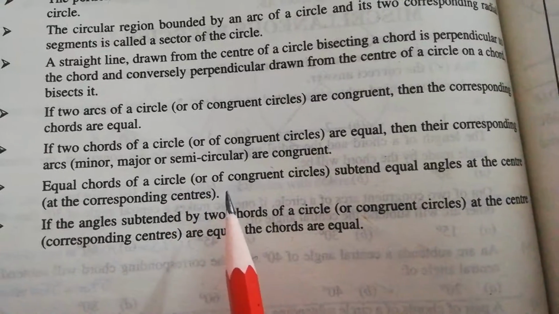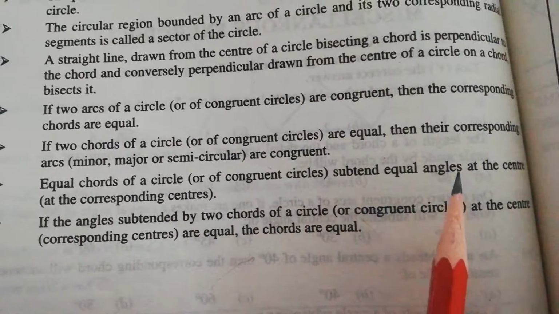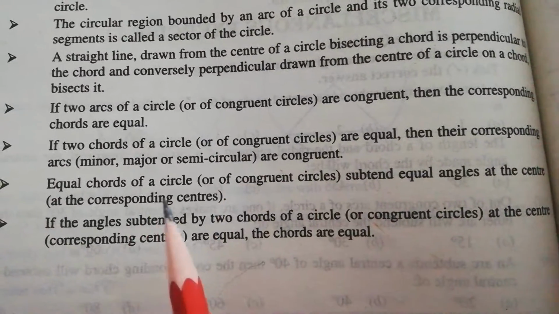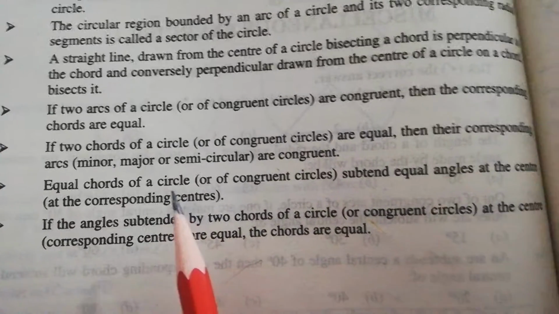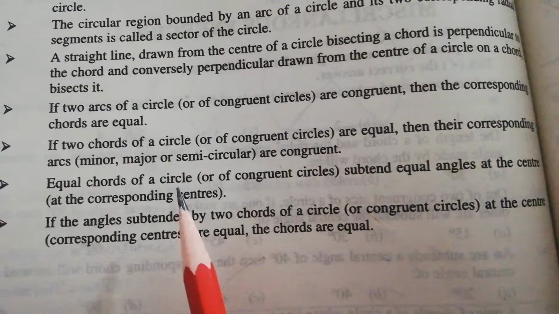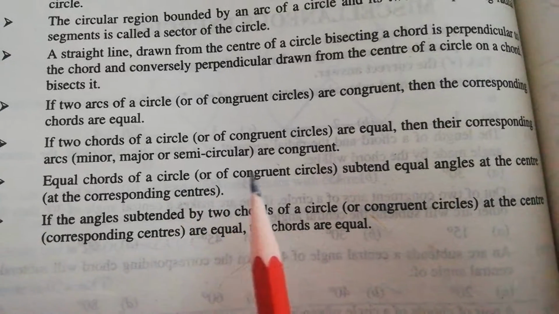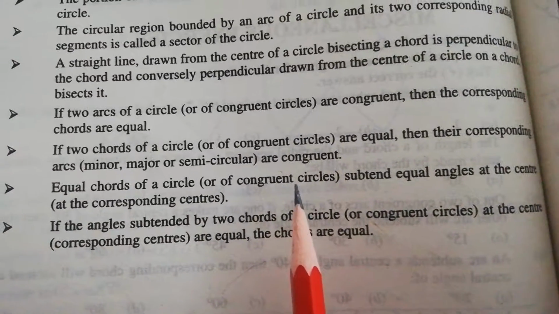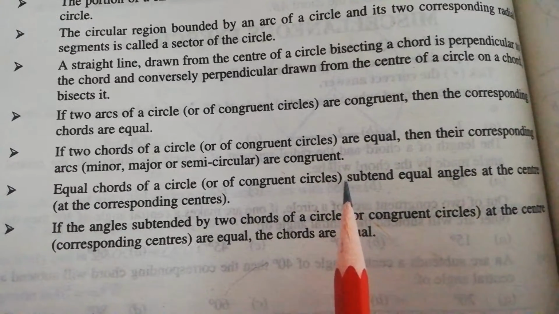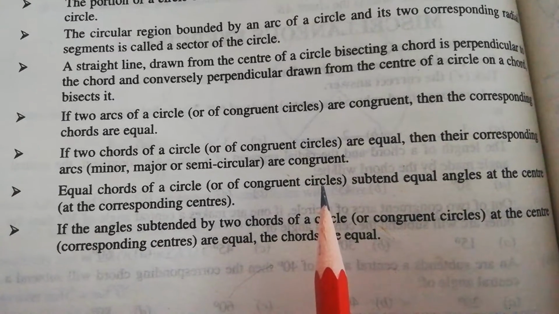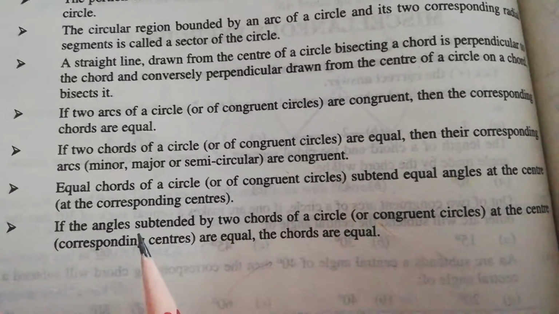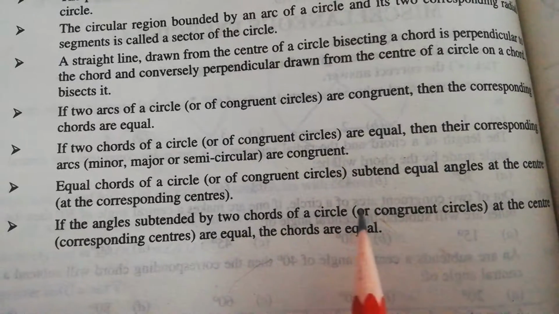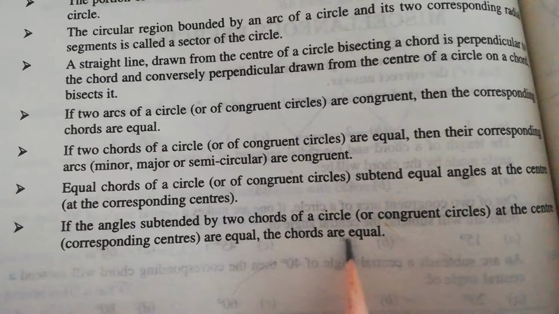Equal chords of a circle subtend equal angles at the center of the circle, means the central angle. If the angles of two chords of a circle are equal, then the chords are equal.